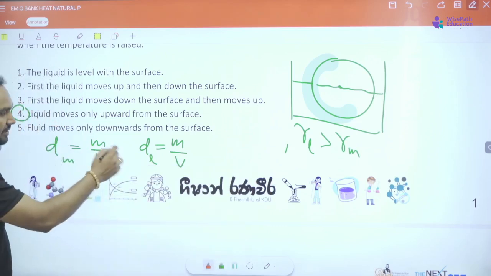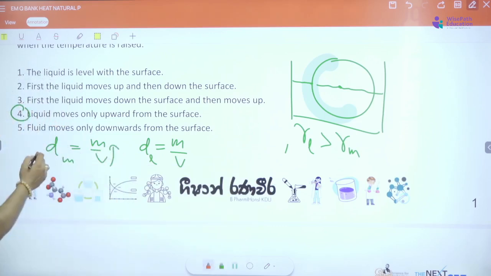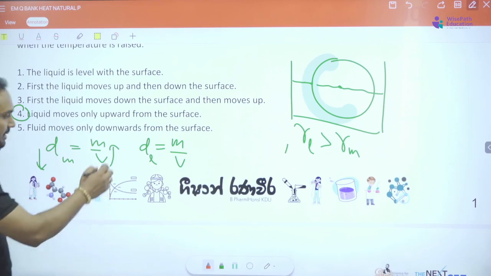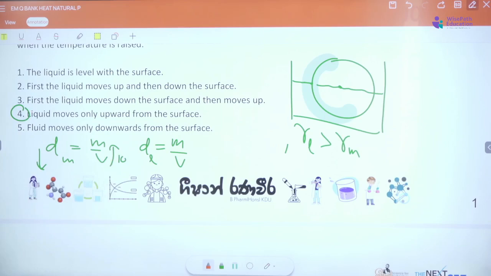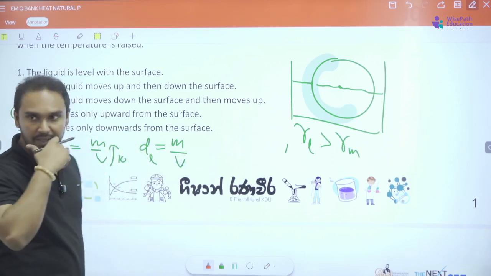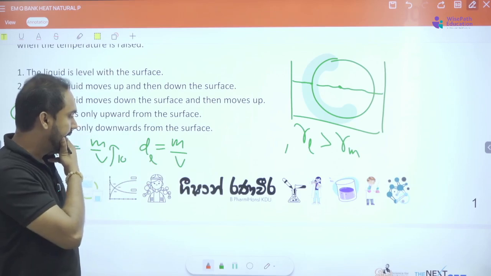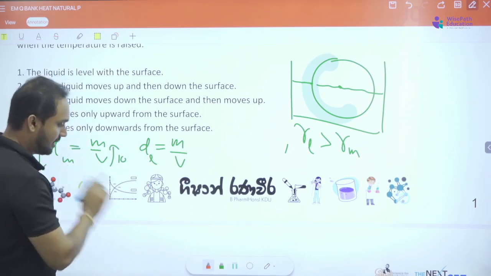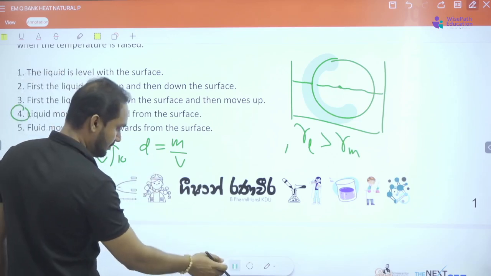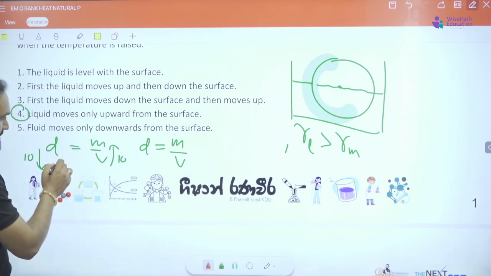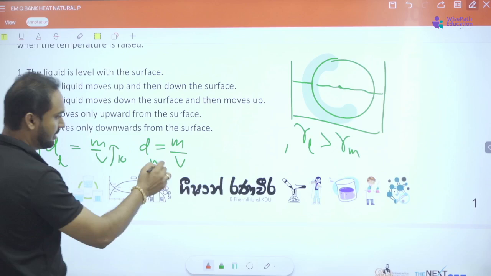So the volume will increase, so the density will go down, right? Let's say this is 10 times going down.